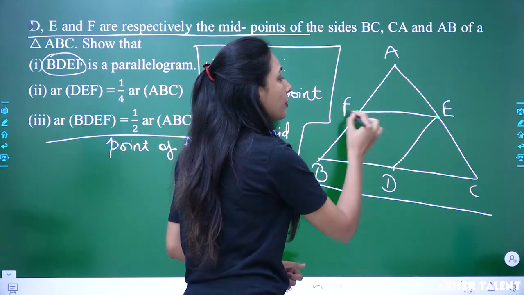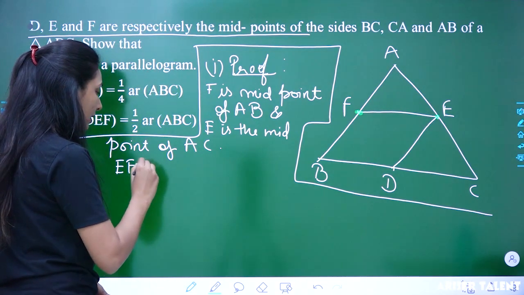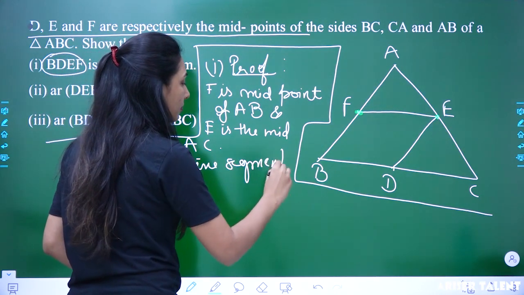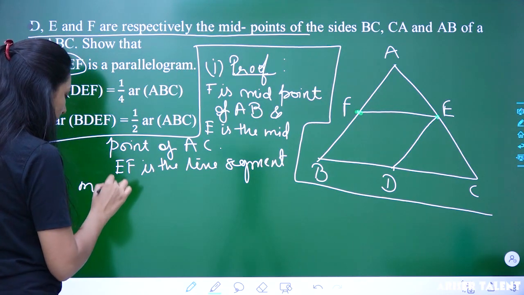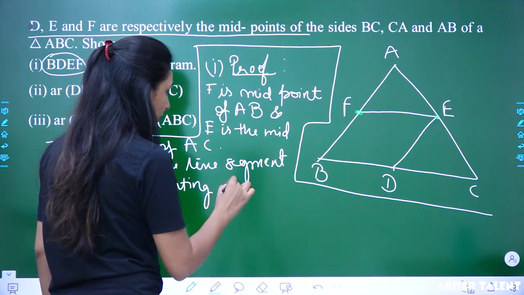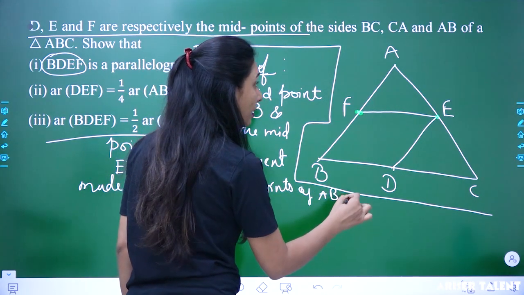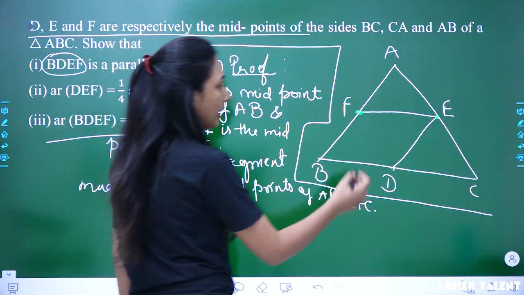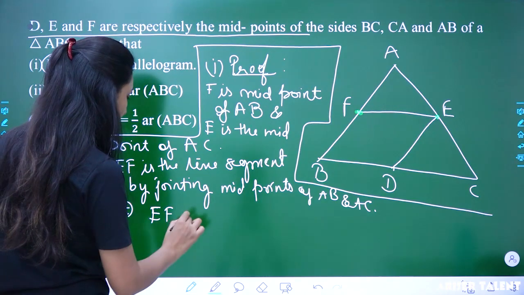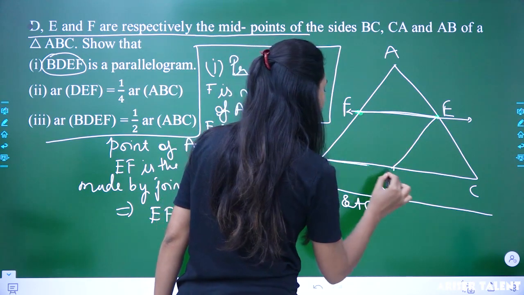That means these two midpoints are joining. So that means EF is the line segment made by joining midpoints of AB and AC. Okay, that means this EF will be parallel to this BC.